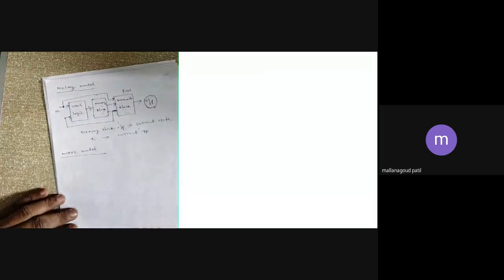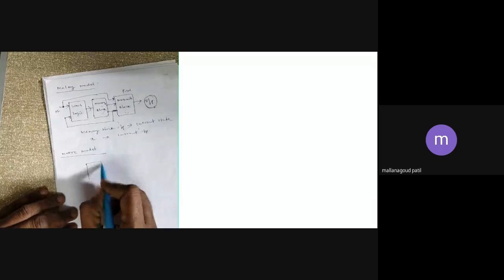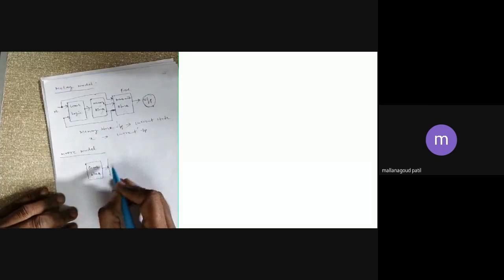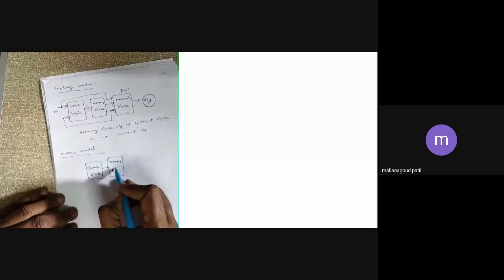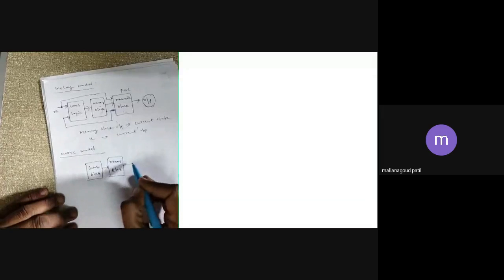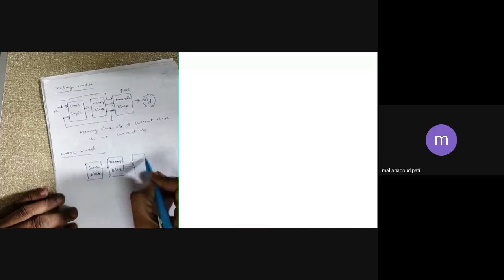It's okay. How can you show the Moore model? You have one combination block. Then you have one memory block. Then you have one more combination block.